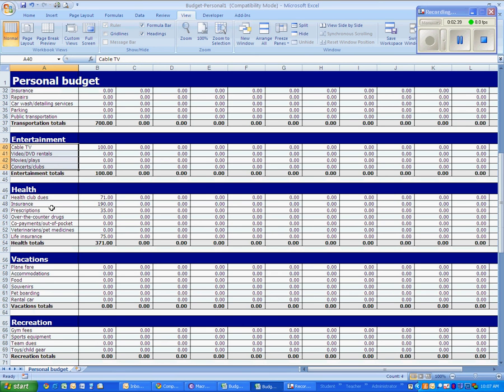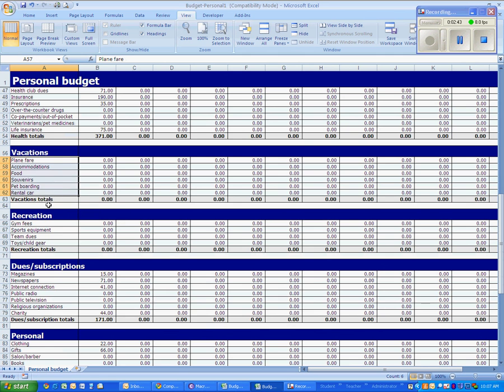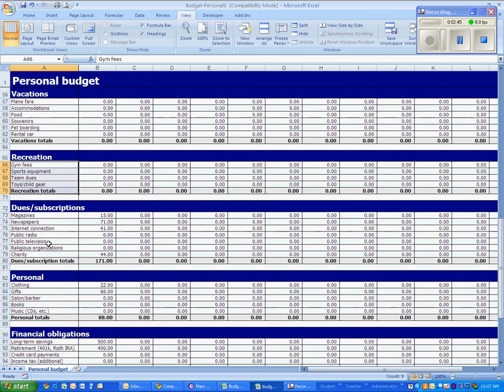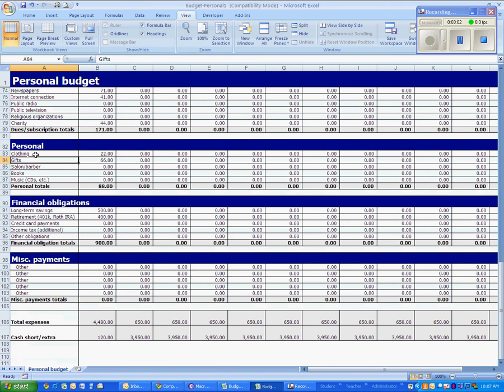Entertainment, health, these are all vacations, recreation, dues like magazines, if you have a magazine, or maybe you are paying a monthly price for internet connectivity. Gifts, we spend a lot of money every month on gifts typically, and certainly clothes. People like to spend a lot of money on clothes and they don't know how much they're spending. Well, this budget's going to help them realize that.